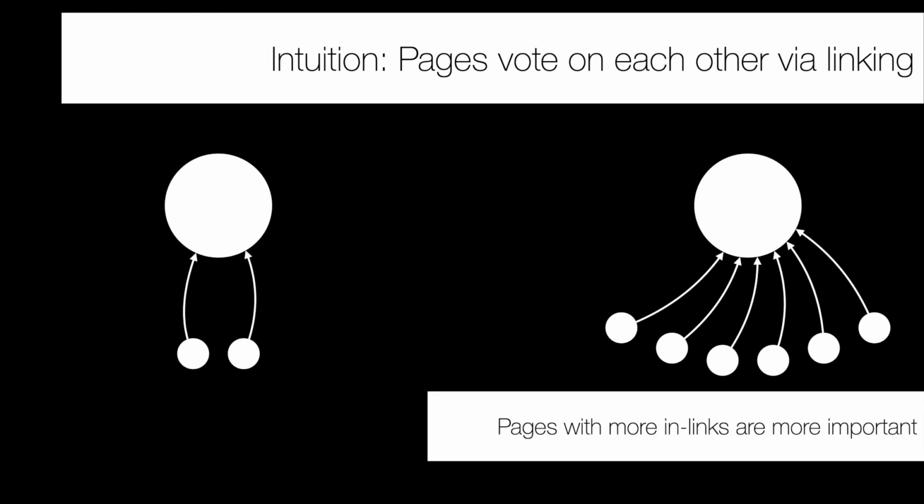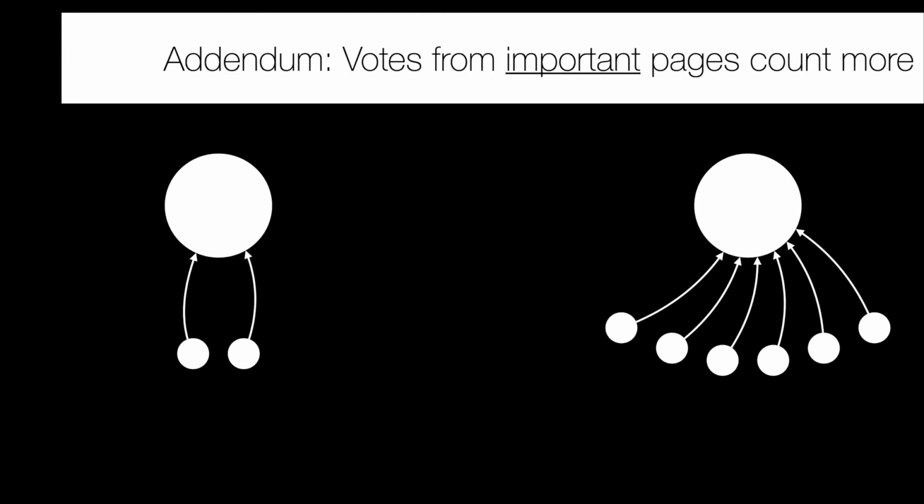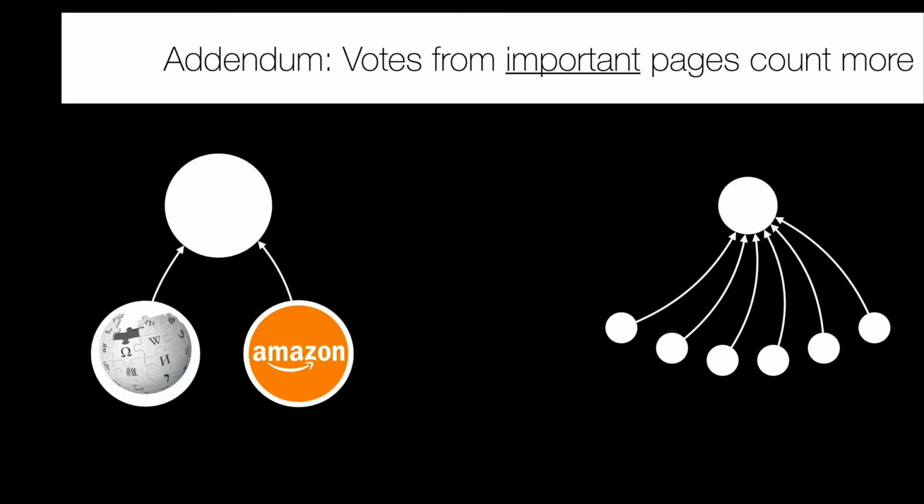So the idea here is that pages with more in-links are more important. But to deal with the adversary, we have an addendum: it's not just the in-degree, the number of links that come in, but really how important are the sources of those links? Are important pages linking to me? And then we can see there's a clear difference.